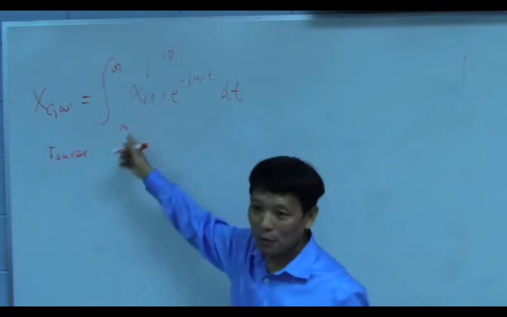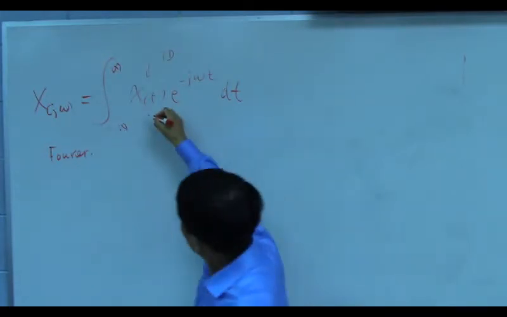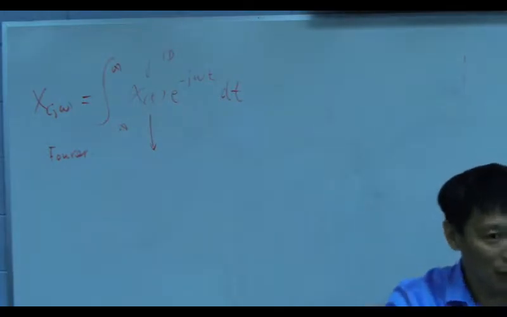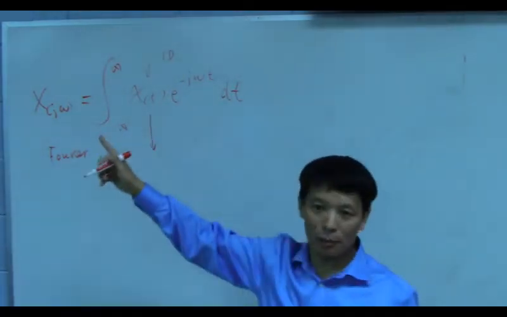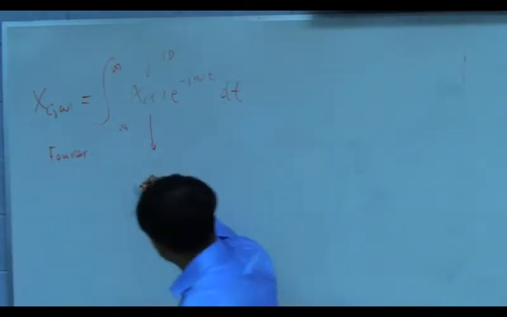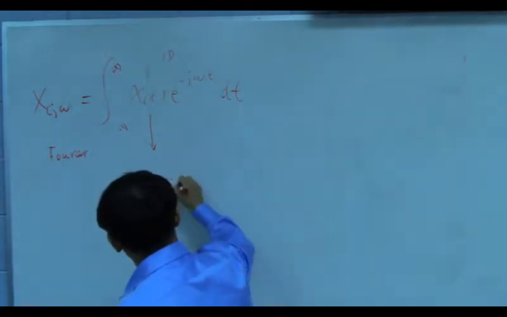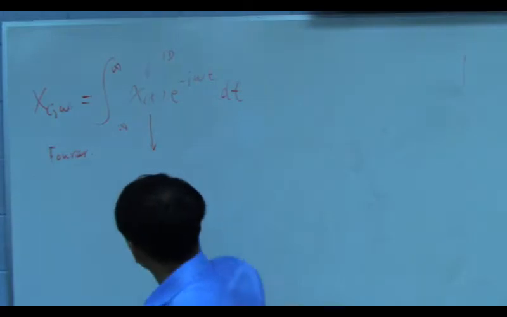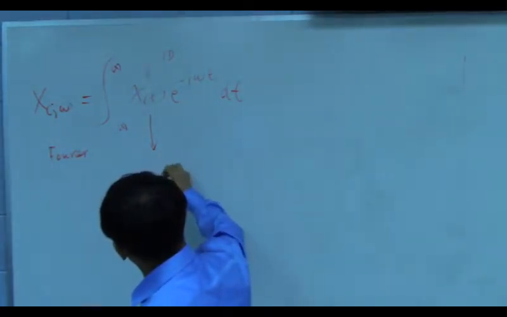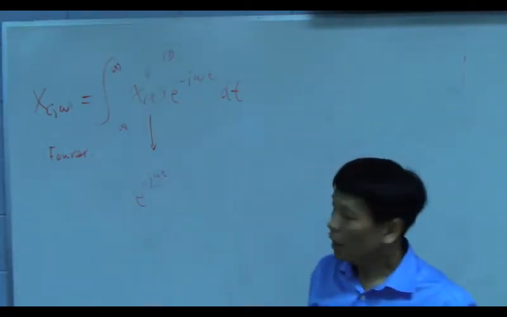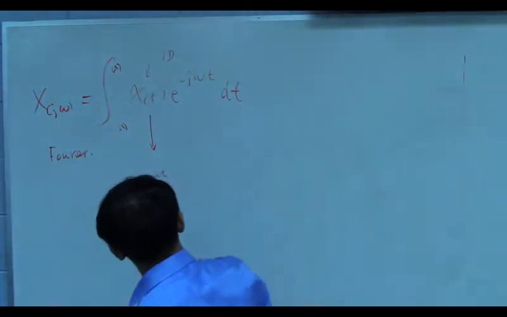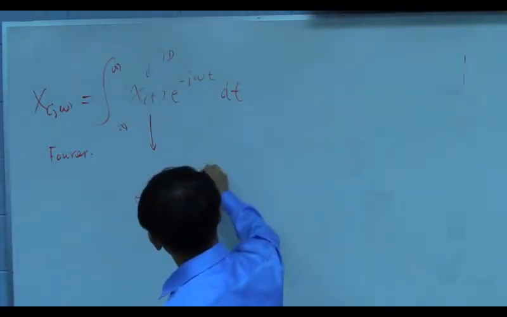And what's the purpose of this one? Now, we do not discuss a lot of details. I'll just give you a hint. Suppose you have a continuous time signal, for example, e to the j omega t, and you multiply by e to the negative j omega t.